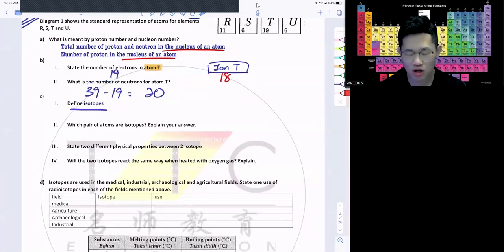Okay, define isotope. Sorry, this is the one you have to write. Okay, define isotope, please. Okay, write it on your own. I give you 30 seconds.